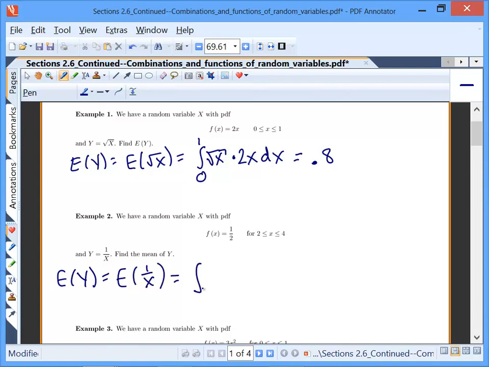So when I integrate, what do I need to write down? 1 over x times the PDF, which is my 1/2, and my bounds for integration are 2 to 4. So 0.346.